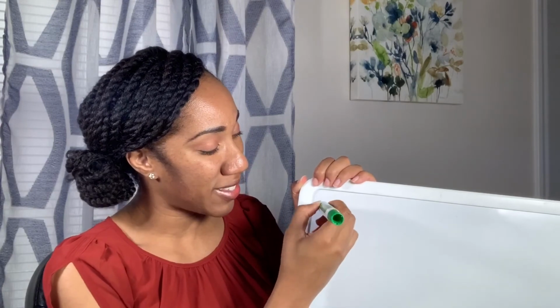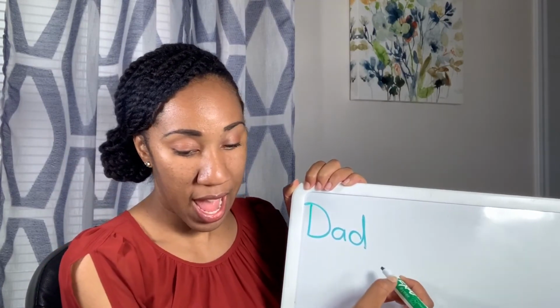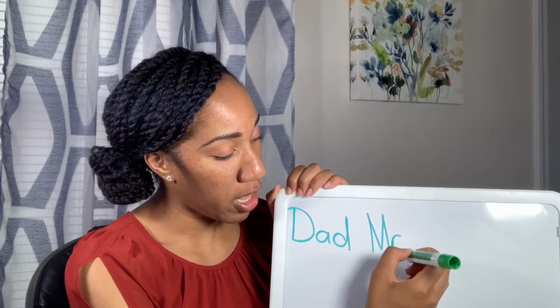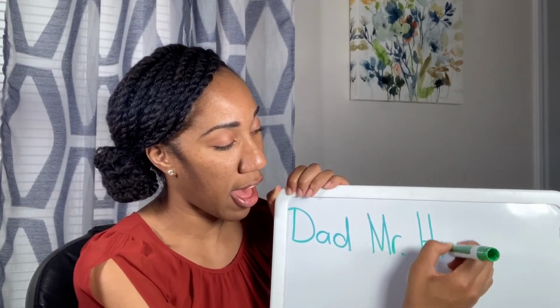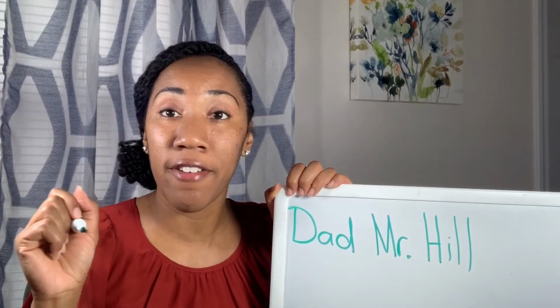The first word is Dad with a capital D because it's the beginning of the sentence. And they gave the period to us already. For Mr. Hill, you need capital M-R period, capital H-I-L-L. Dad and Mr. Hill changed the flat tire.